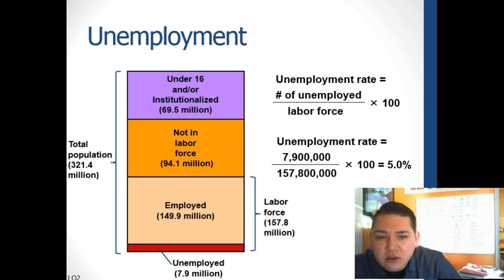And group 3 consists of those age 16 and over who are willing and able to work and actively seeking work. Right? So group 3 is the labor force. The labor force is simply described as those who are either employed or unemployed. To be counted as unemployed, you have to be part of the labor force.